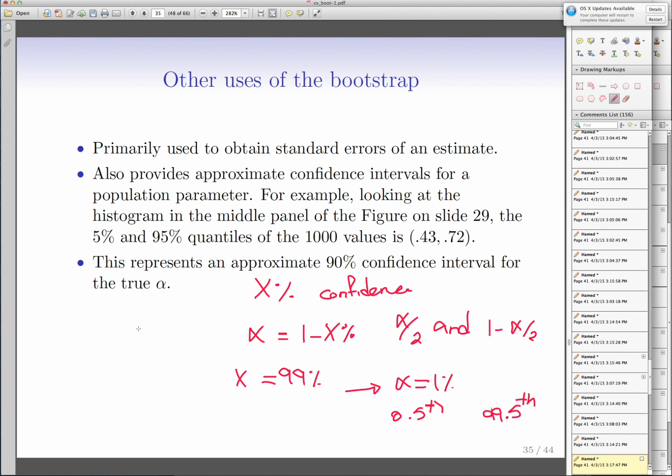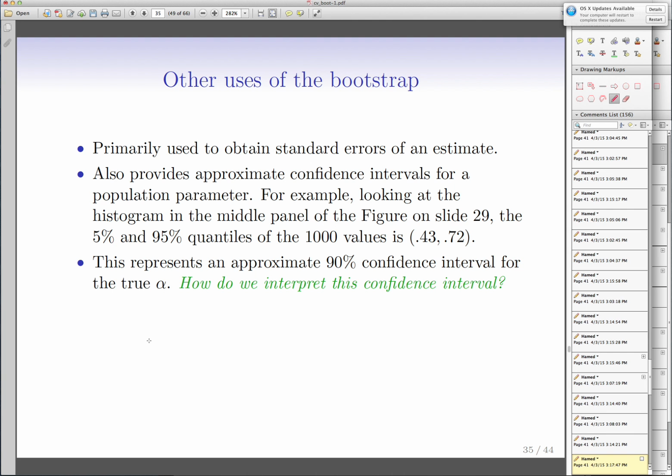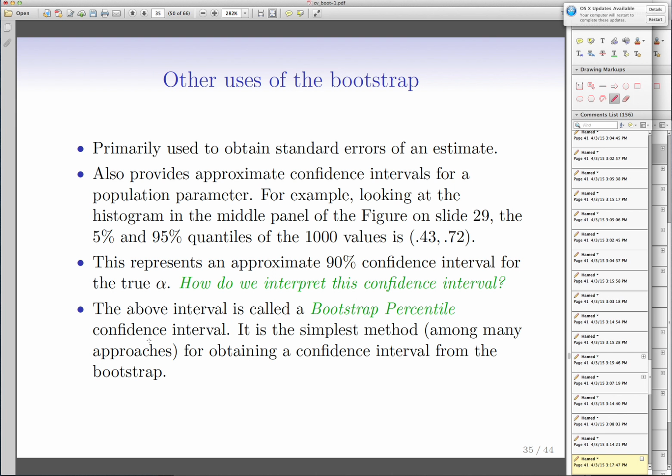So let me finish that part. This is called the Bootstrap percentile confidence interval method, and that's the simplest method out there.